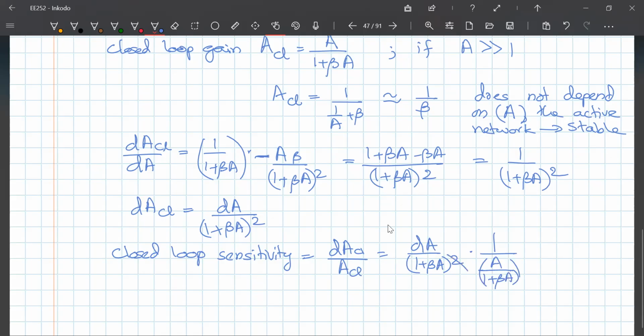So you can cancel one of these terms, and you will have this as dA over A times 1 over 1 plus beta A.